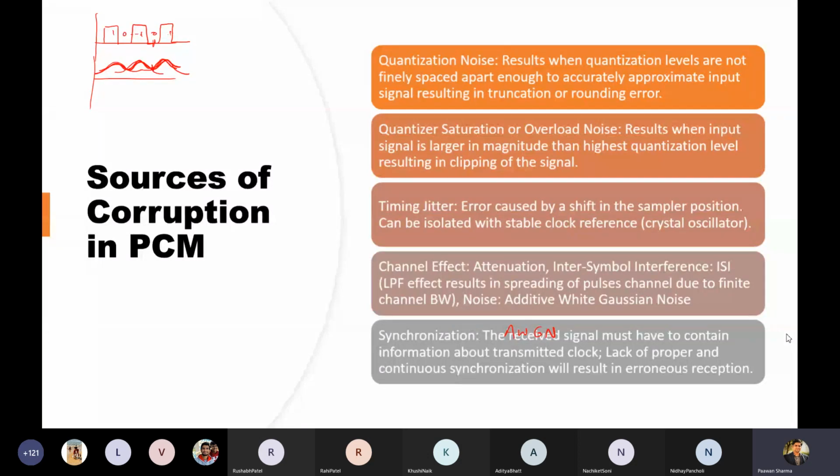What signal you are receiving should have a signal period in between where the information related to the signal frequency at the transmitter is contained. If you lack this, you will have erroneous reception. If transmitted at F1 and you try to receive with F2, it will lead to totally different signal interpretation. These are a few of the sources of corruption in pulse code modulation.